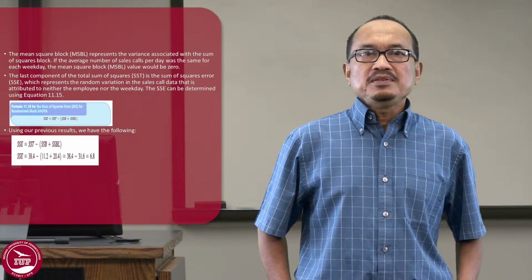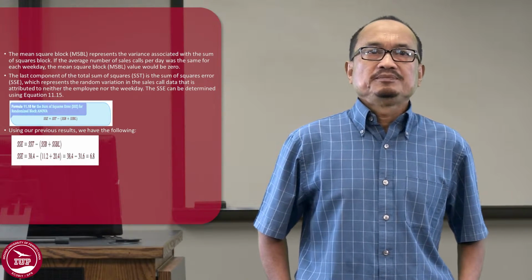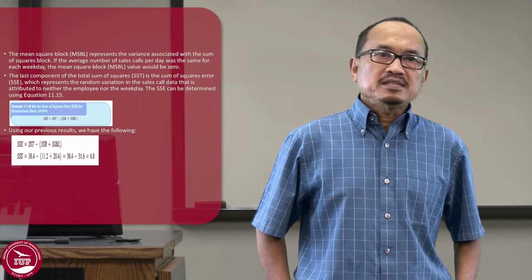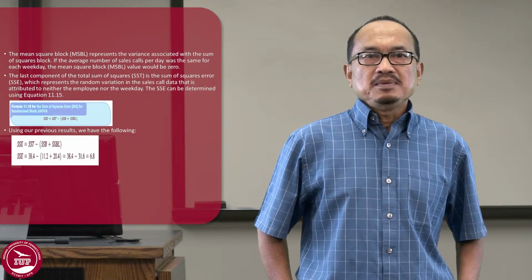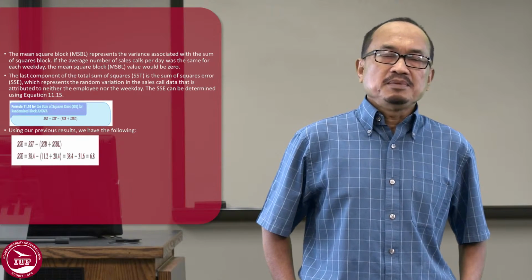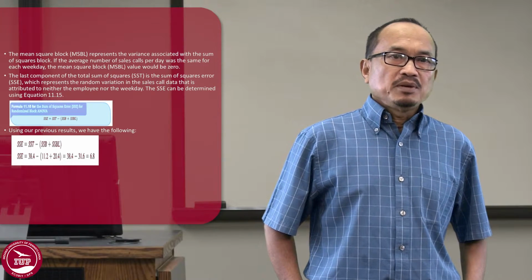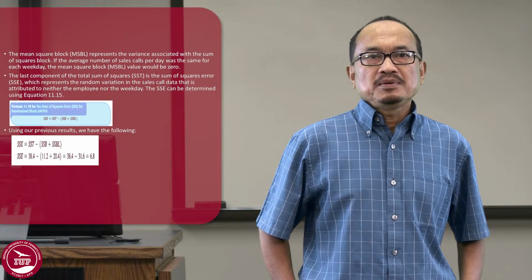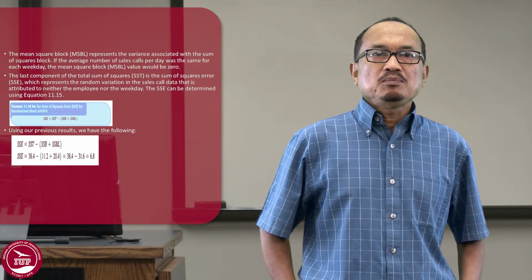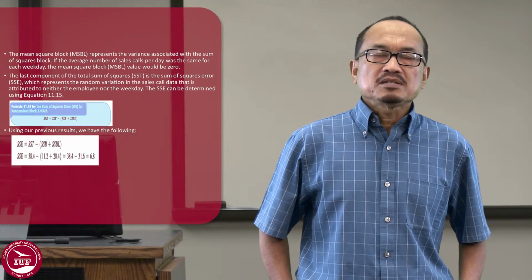Using our previous result, we have the following. SSE equal to SST minus SSB minus SSBL. So SSE equal to 38.4 minus 11.2 minus 20.4 is equal to 6.8.